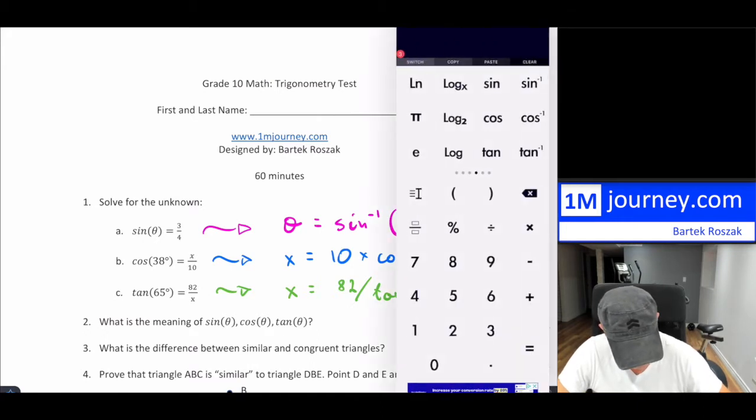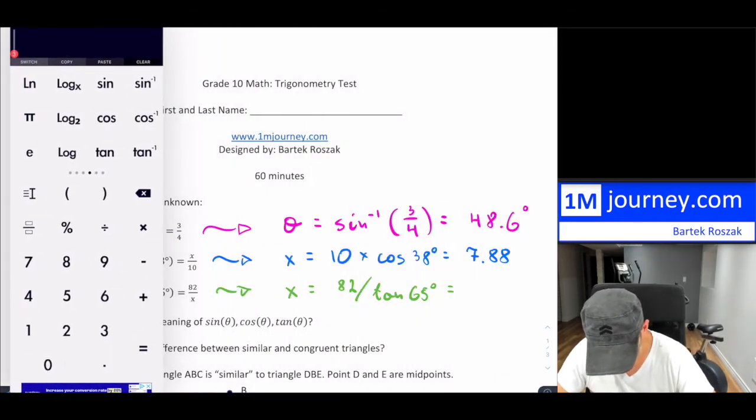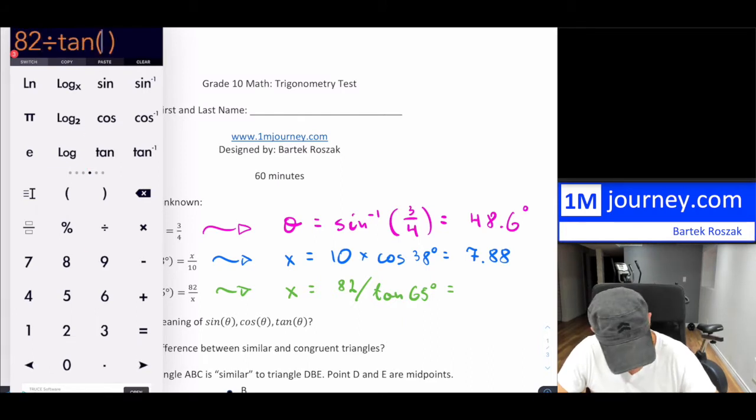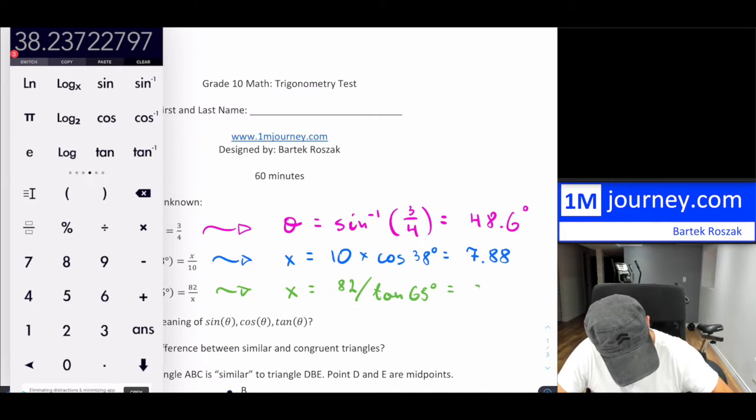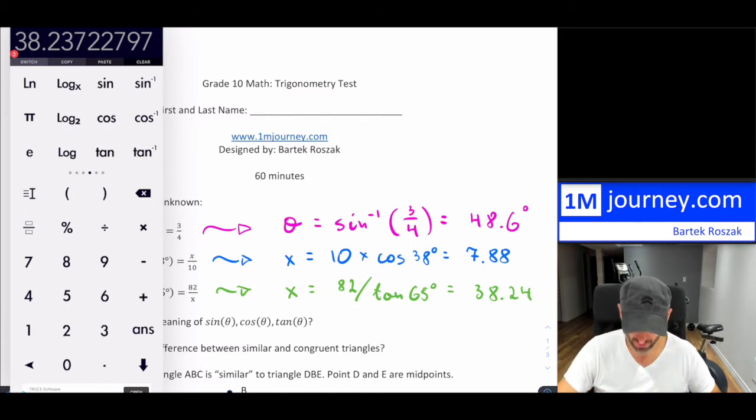Let's do that right here. 82 divided by tan of 65, and there we have it. That's 38 point, again I'll just keep 2 decimal places. You can keep whatever you like. The question didn't state that.